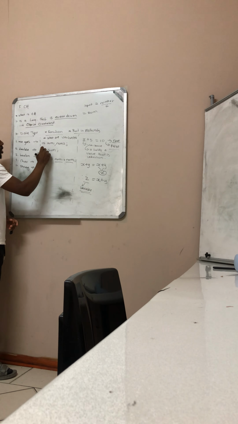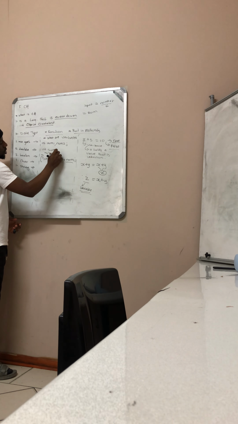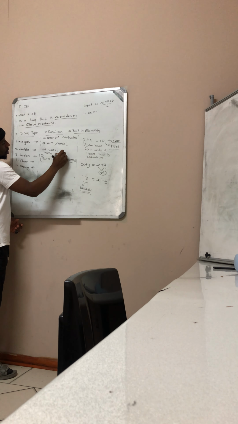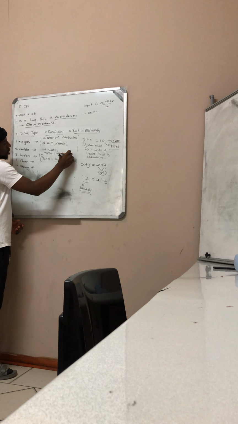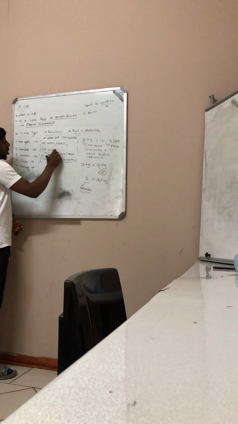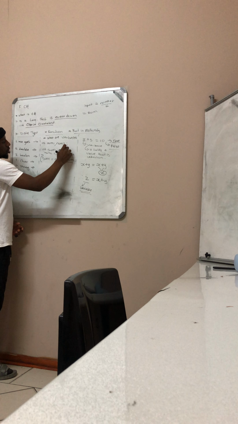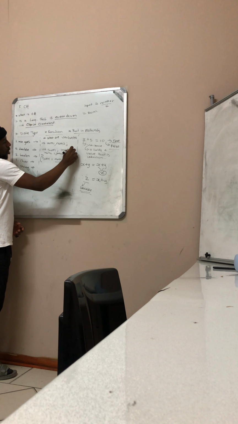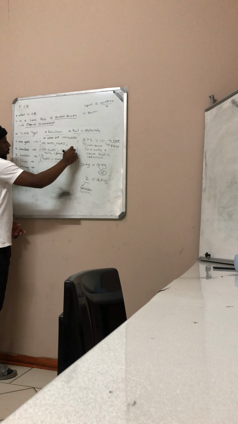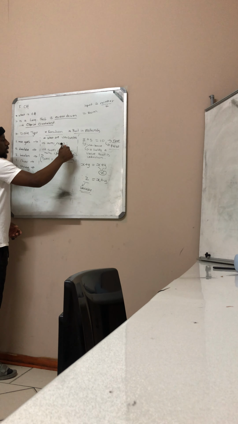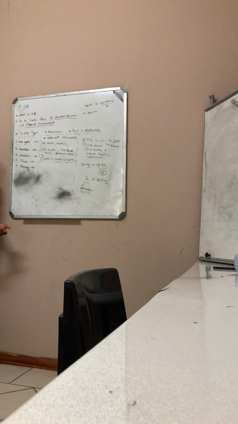By saying num1 is equal to int.parse(txtNum1.text). Okay, you have to use int.parse for a data type. Don't forget that you have to use int.parse for a data type. It's like this, and this is how you accept a value.